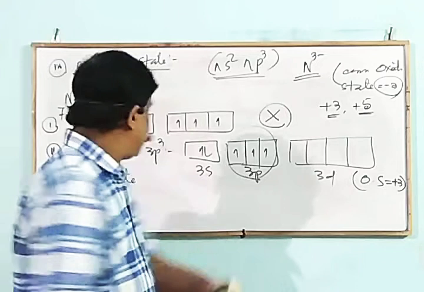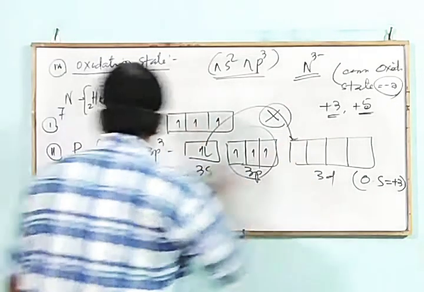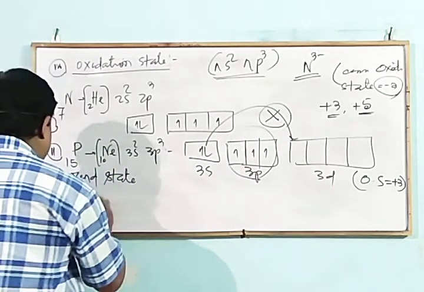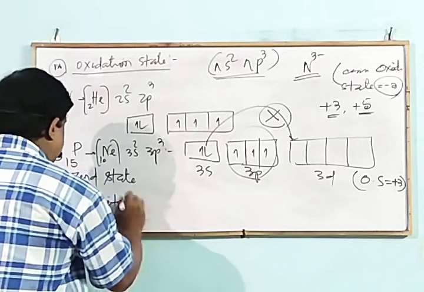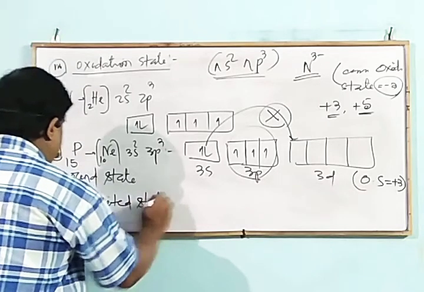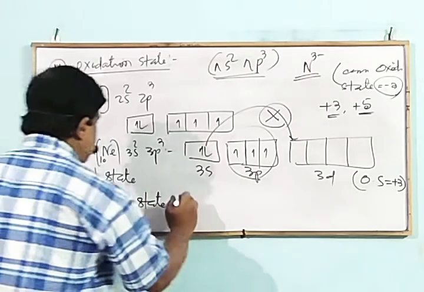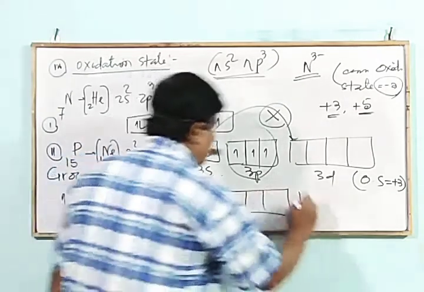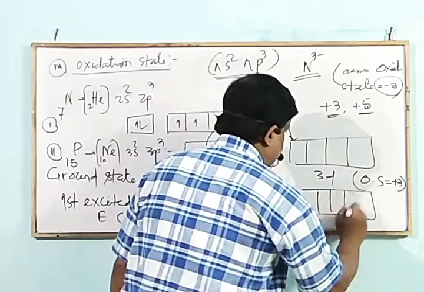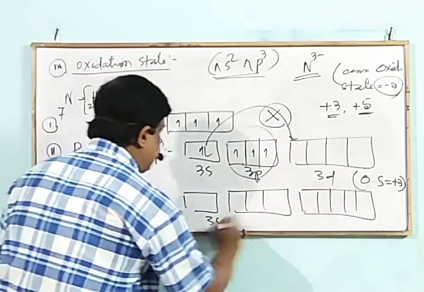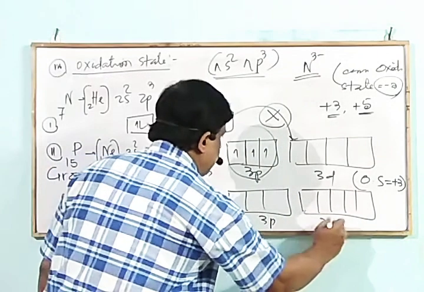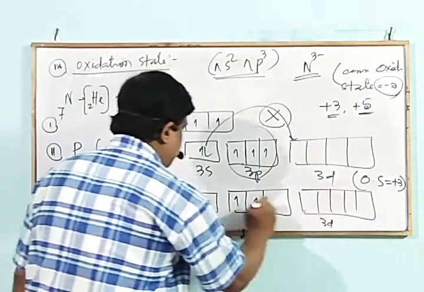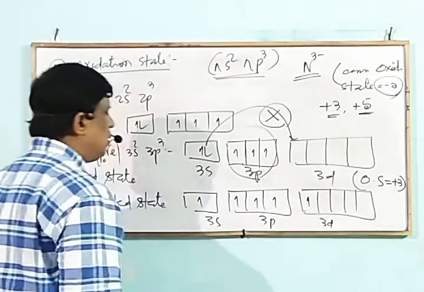And on excitation, in the first excited state electronic configuration, 3s, 3p, 3d, mark that.